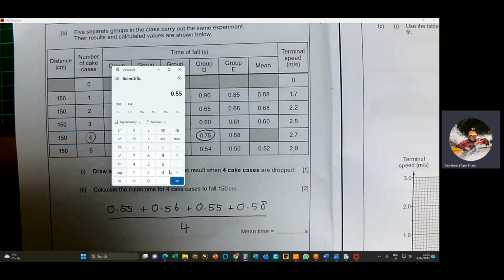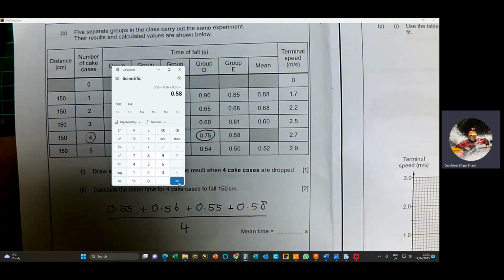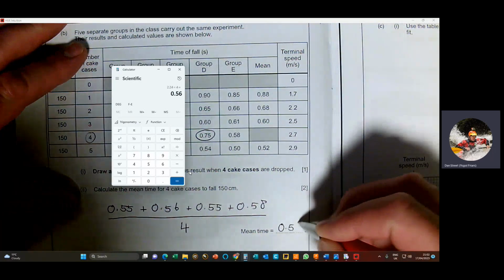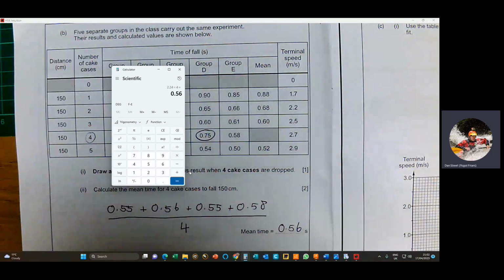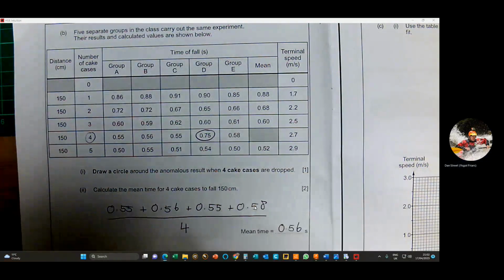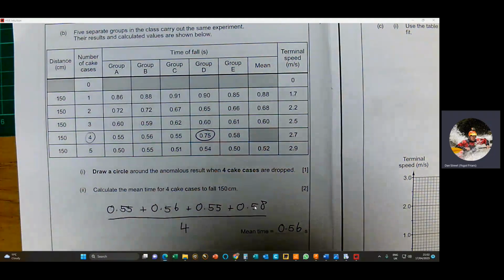So 0.55 plus 0.56 plus 0.55 plus 0.58, and then it's always a good idea to press equals at this point, otherwise your calculator will apply BODMAS and then divide by 4. That gives us 0.56, which is a reasonable result because it is similar to all these results here. Okay, so that's a way to check.